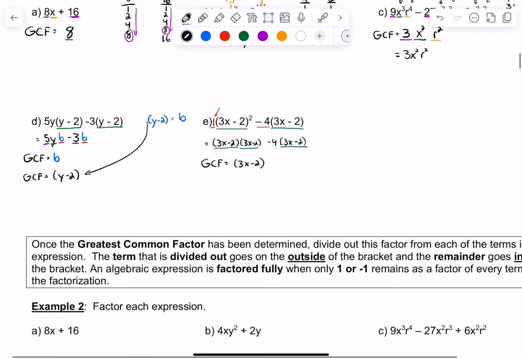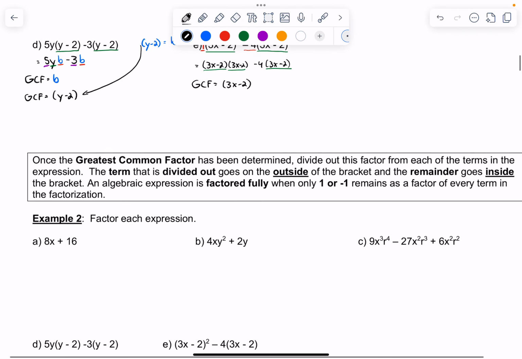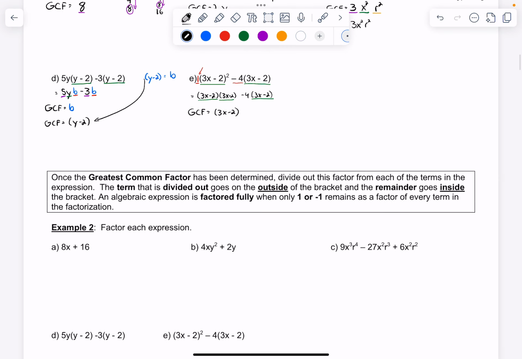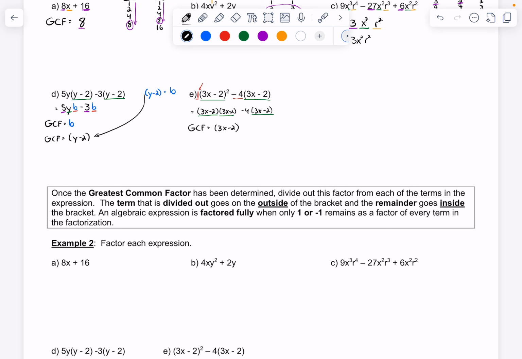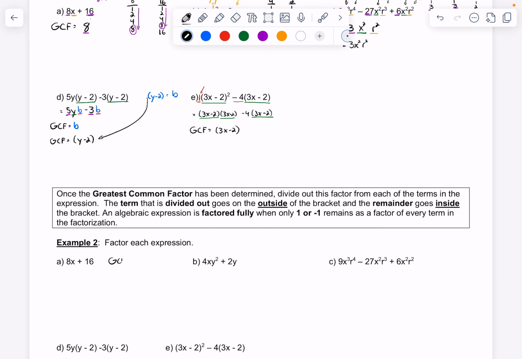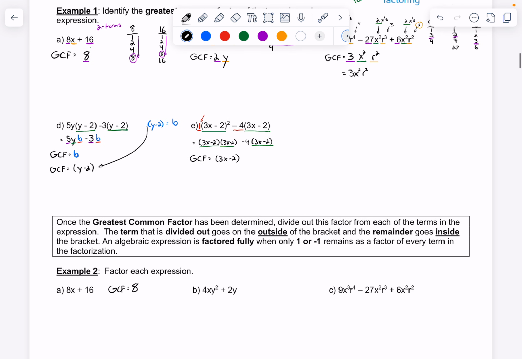So now, in example 2, we are going to use the GCF that we've identified in the previous example. So in this case right here, example A, our GCF was 8. And I'm just copying them from the previous question. Here we've identified the GCF. Actually, I'll put a different color so it's easier to see. The GCF from the previous example was 8.